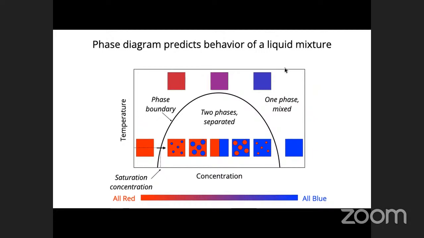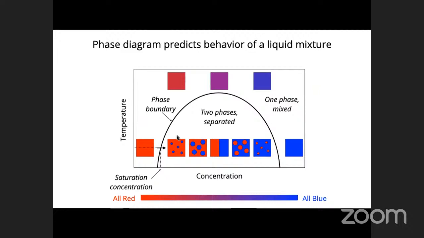And so in this phase diagram, we have two regions, one outside of this phase boundary that is a single phase and it's always mixed regardless of the concentration. Inside this phase boundary, we have a separated system where there are two phases of mostly red and mostly blue. Okay?